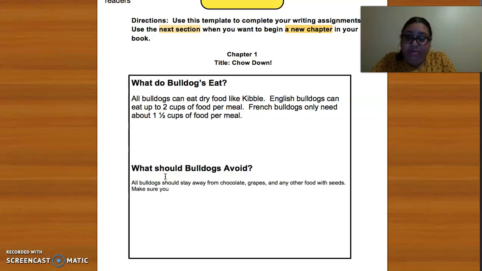Make sure you don't overfeed your English Bulldog because they can get overweight and this will make them unhealthy.